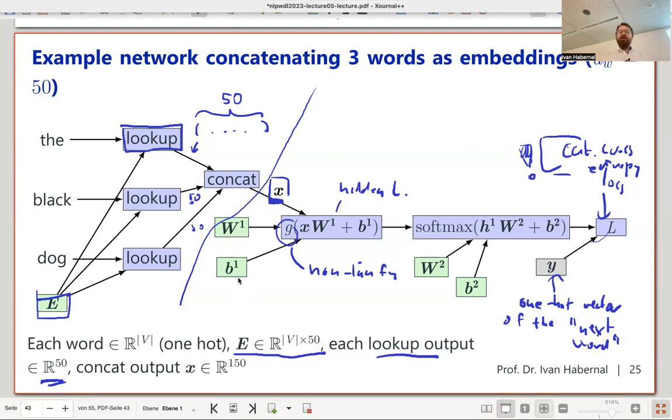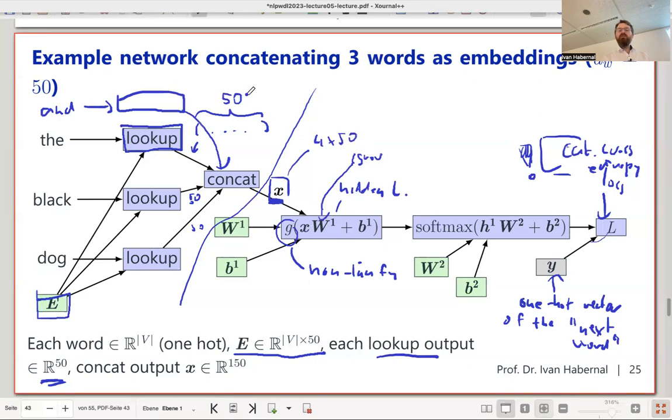Yeah, exactly. If we have another word here, then the output would be 4 times 50, and this will also grow.